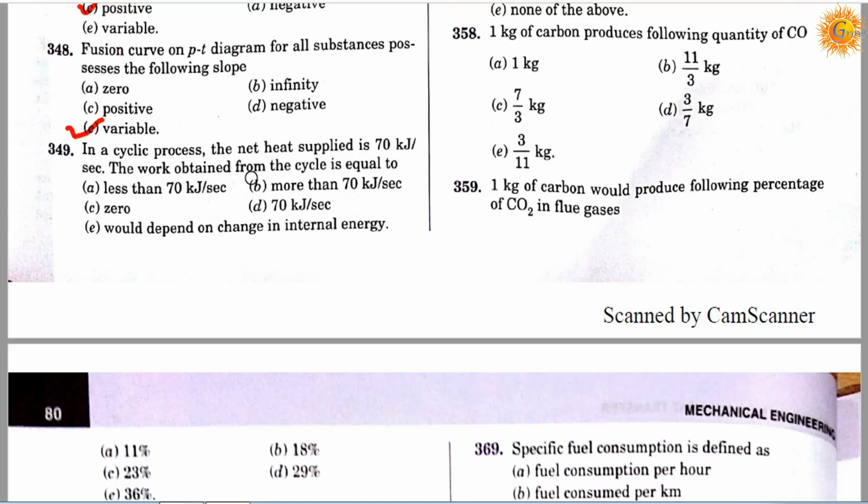The work obtained from the cycle is equal to option A, less than 70 kilojoule per second, option B, more than 70 kilojoule per second, option C, 0, option D, 70 kilojoule per second, and option E, would depend on change in internal energy. So the correct answer is D, it will be 70 kilojoule per second.